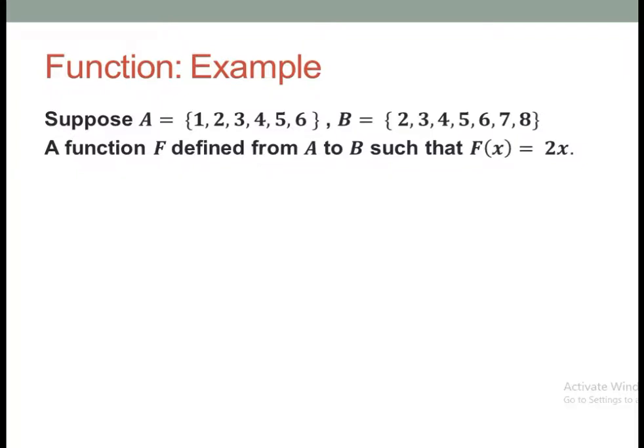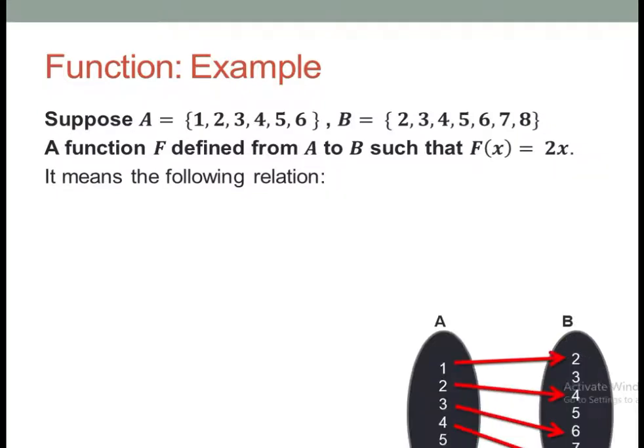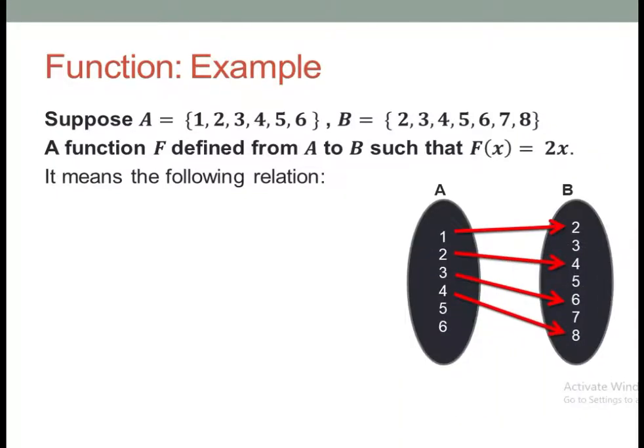Suppose A is equal to a set containing 1, 2, 3, 4, 5, 6, and B is equal to a set containing 2, 3, 4, 5, 6, 7, 8. A function f is defined from A to B such that f(x) = 2x. So what does it mean? It means the following relation: 1, 2, 3, 4, 5, 6 to 2, 3, 4, 5, 6, 7 and 8.